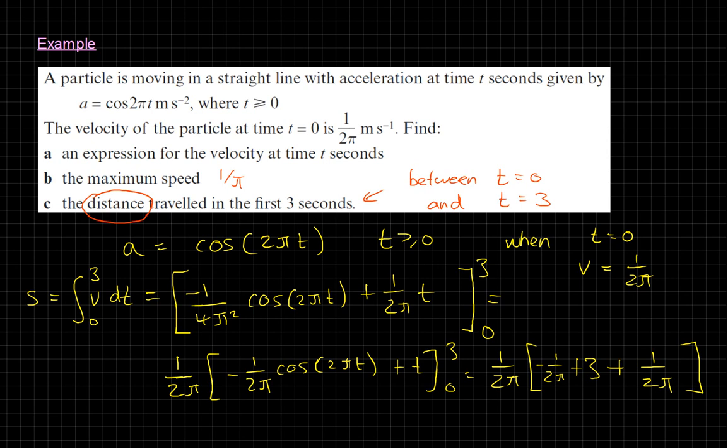So these cancel, and I end up with a final answer of 3 over 2 pi. And that is then 0.477, which is the final answer for this one. Let's write it down, 3 over 2 pi, which is 0.477, roughly speaking. Cool, okay, we've done it.